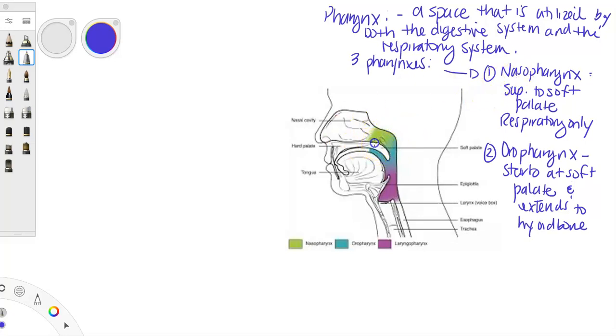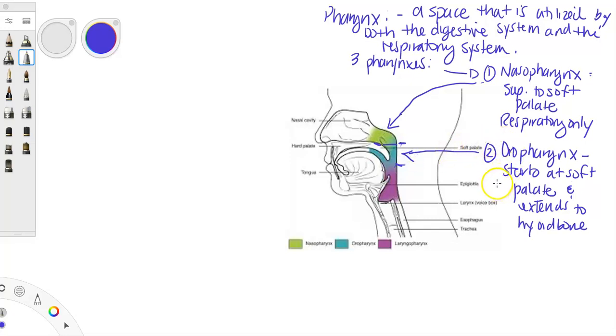Okay, so we have the soft palate here, so everything up here in this light green is nasopharynx. Okay, from here to here is oropharynx.